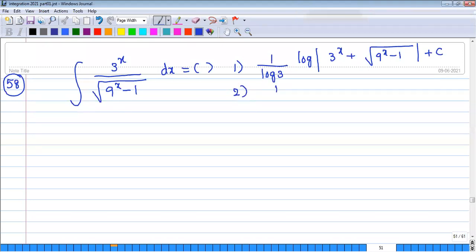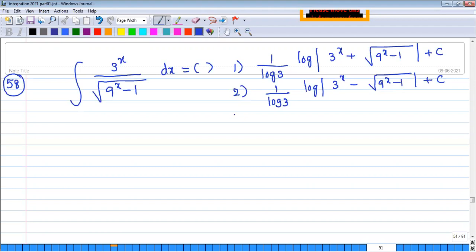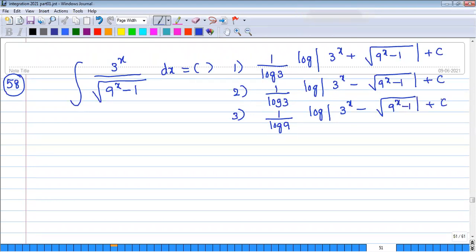Second, 1 upon log 3 log of mod 3 power x minus root of 9 power x minus 1. Third option, 1 upon log 9 log of mod 3 power x minus root of 9 power x minus 1 plus c.